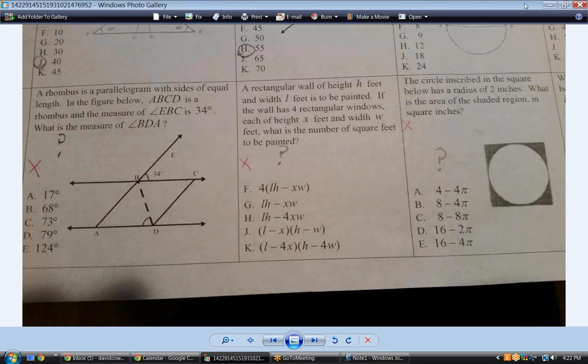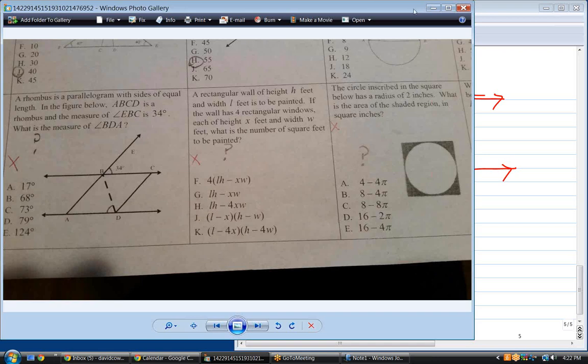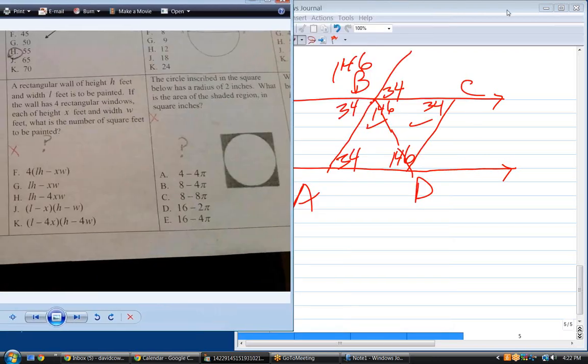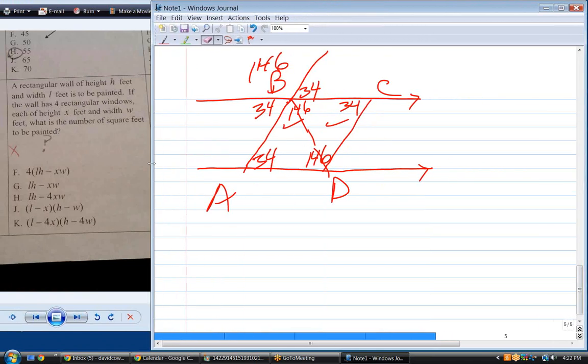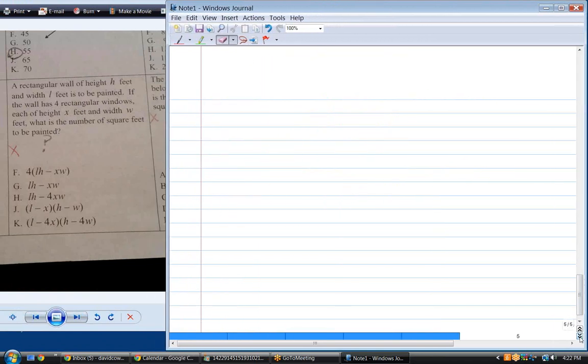Alright, let's look at this one. A rectangular wall of height h feet and width l feet is to be painted.